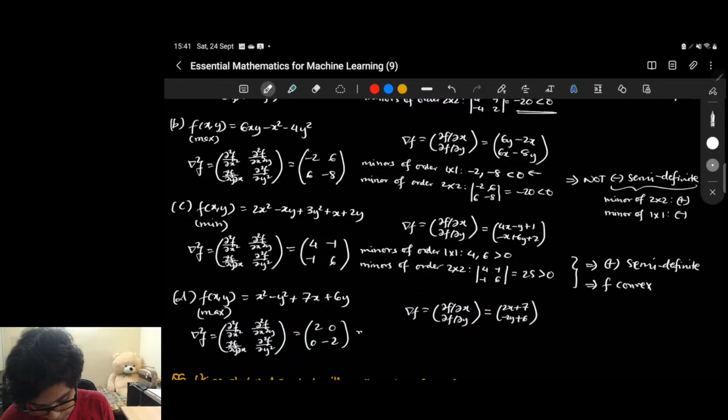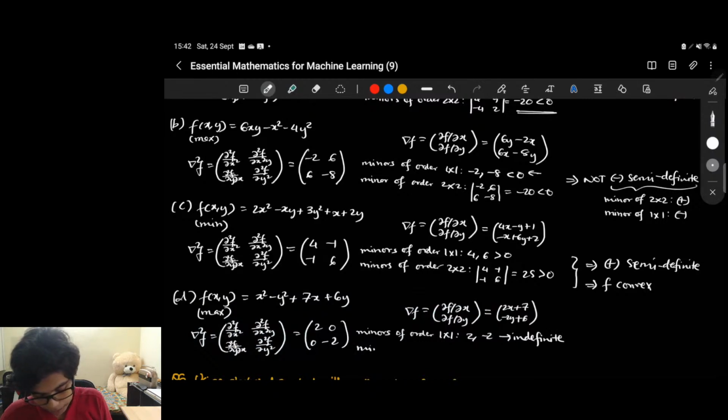And you can clearly see that this is an indefinite matrix because why? Minors of order 1 cross 1 are 2 and minus 2. So this means it is indefinite because one is positive and one is negative.